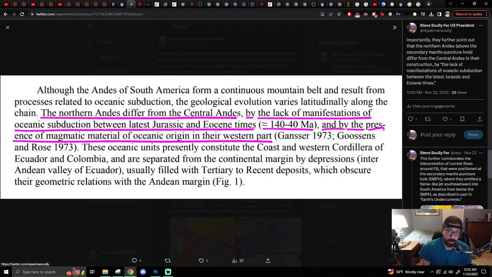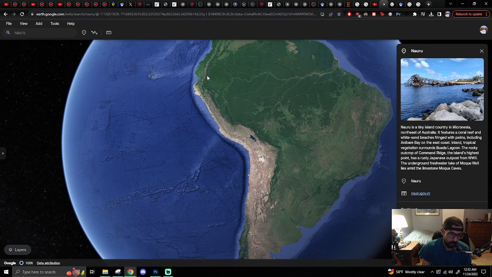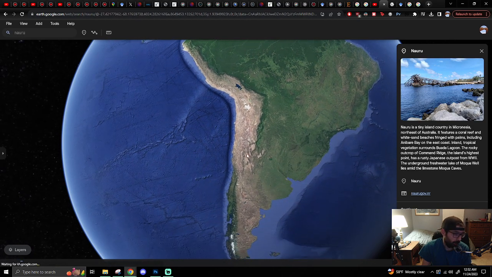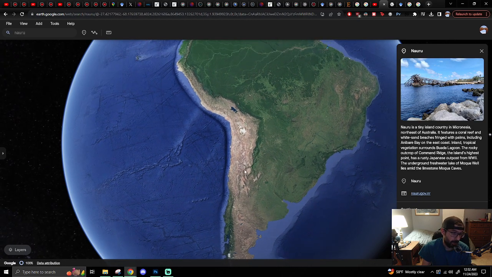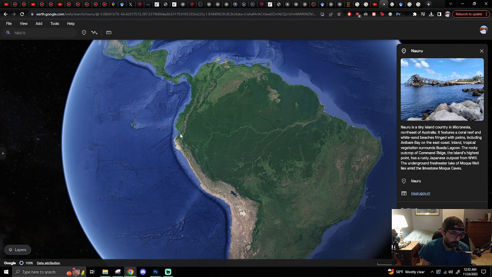Importantly, they further point out that the northern Andes, so if we go to the Andes, northern Andes, central Andes, southern Andes, I'm not exactly sure where the exact boundaries are, but the northern Andes start generally here.